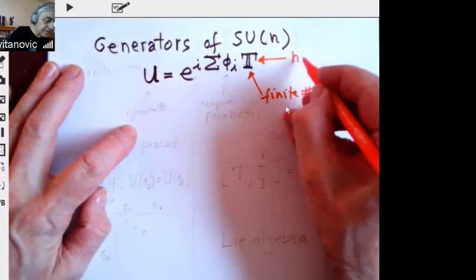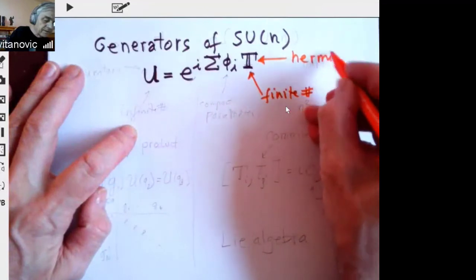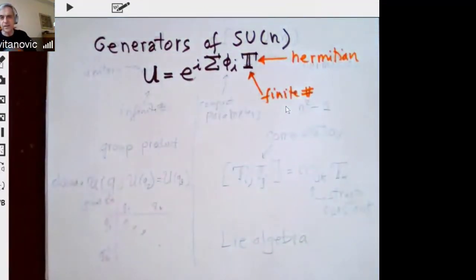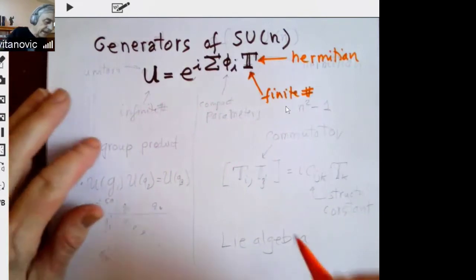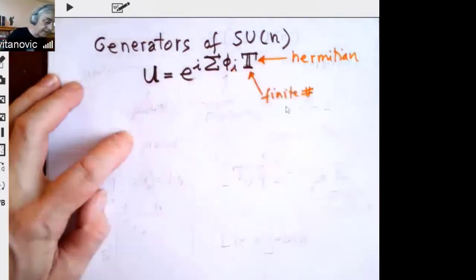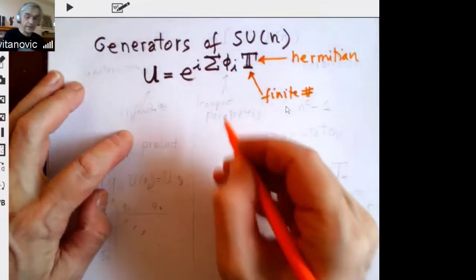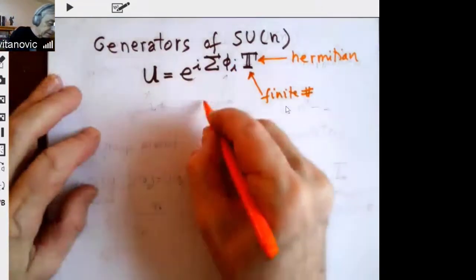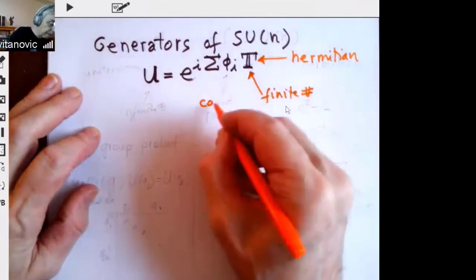They're Hermitian. And basically, Hermitian is a generalization of a real number for matrices. It's a nice thing. And they have real parameters, which are compact because there is an I in front. So there is the same finite number of compact parameters.